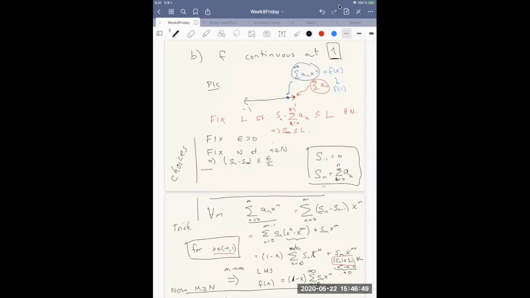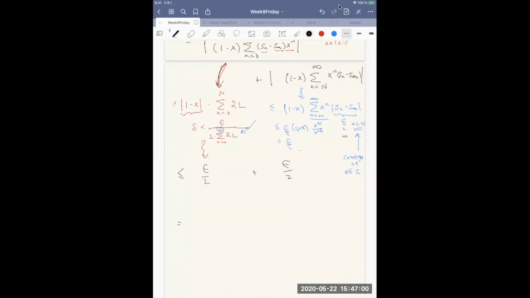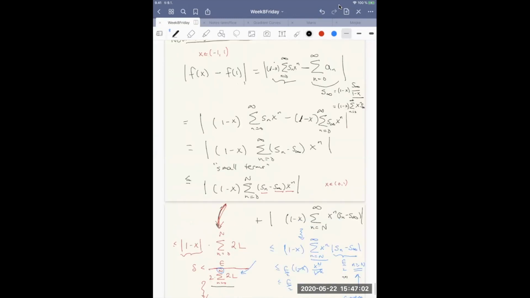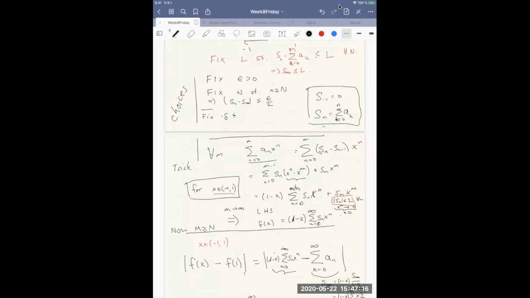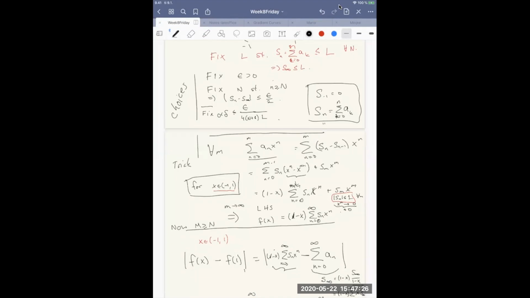With that fixed, we will finally fix our delta to be less than or equal to, how small did we need? We needed it here in this term. So in this we can simplify by epsilon over 4(N plus 1)L. So if we fix delta positive, epsilon over 4(N plus 1)L, then everything here works.